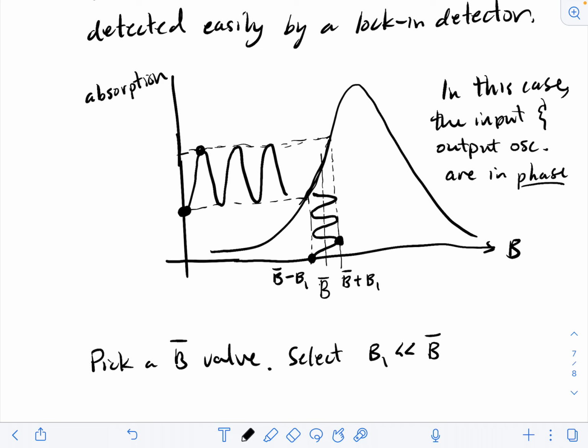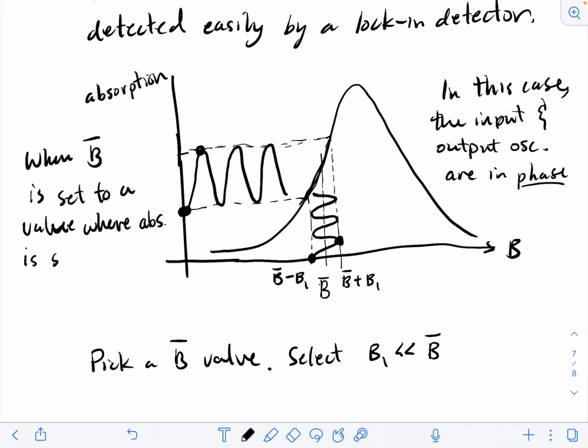So when B average is set to a value where the absorption is steep, we get large output oscillations. In other words, our lock-in detector is going to detect a large signal.